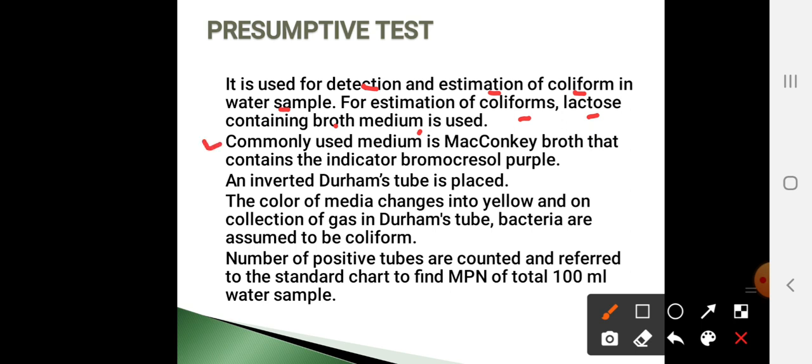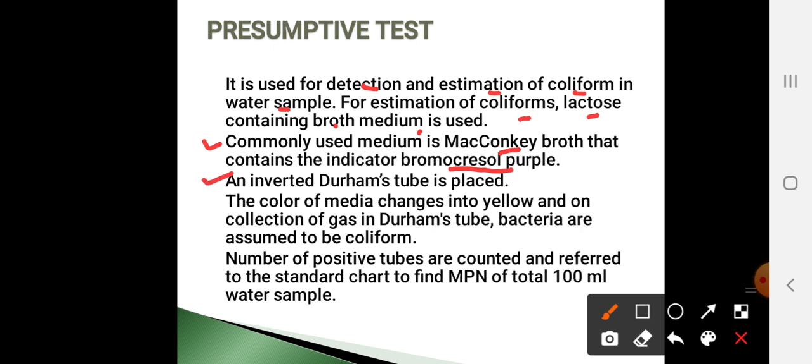A commonly used medium is MacConkey broth, which contains the indicator bromocresol blue. Growth indicates a color change from purple to yellow, which indicates the presence of microorganisms in that particular sample.